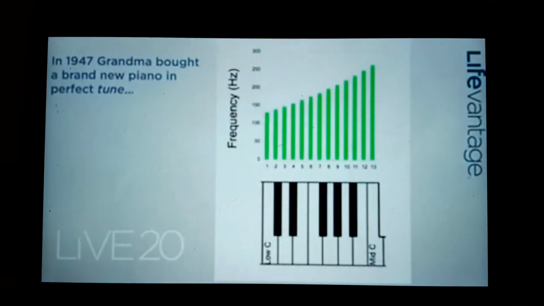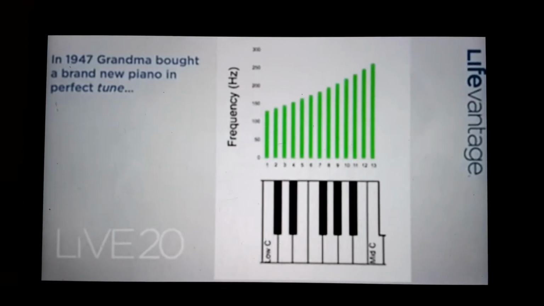So let's suppose that in 1947, Grandma bought a brand new piano, and this is one chord from that keyboard, from the chord below middle C, so it's from low C to mid C, 13 notes.